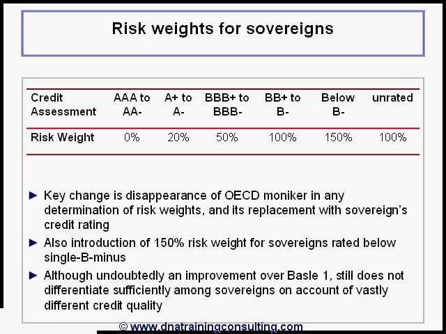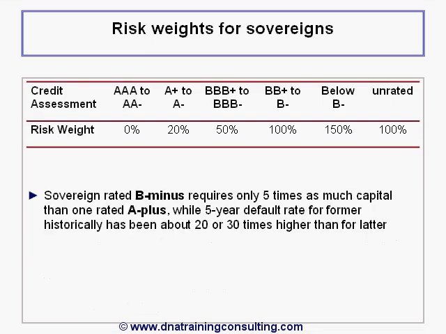Although this is undoubtedly an improvement over Basel I, it still does not differentiate sufficiently among sovereigns on account of their vastly different credit quality. A sovereign rated single B- requires only 5 times as much capital as one rated single A+, while the 5-year default rate for the former historically has been about 20 or 30 times higher than for the latter.